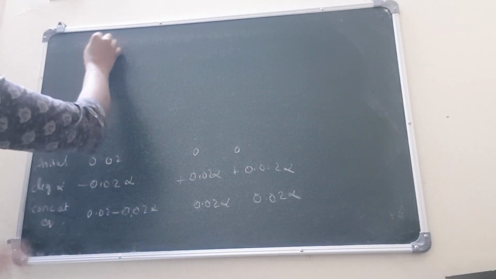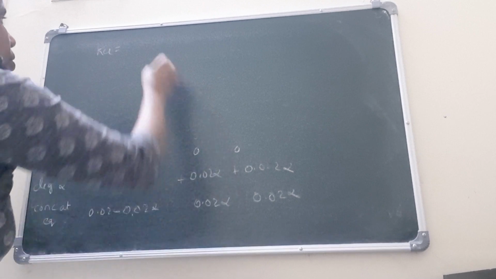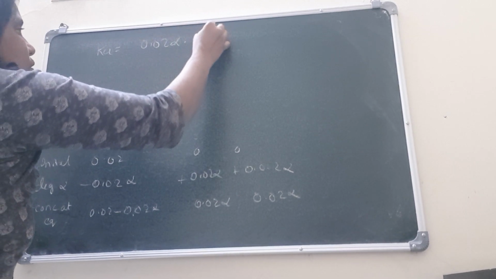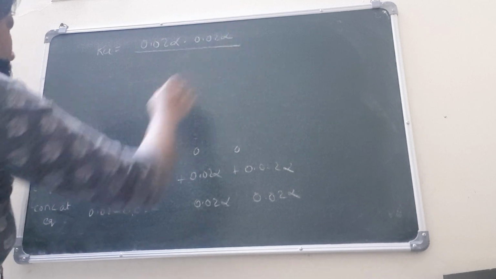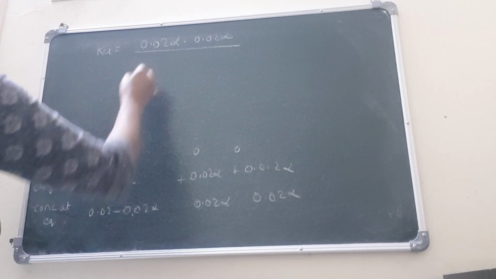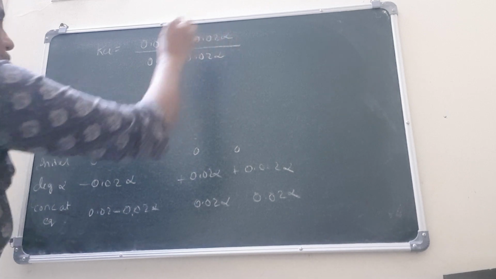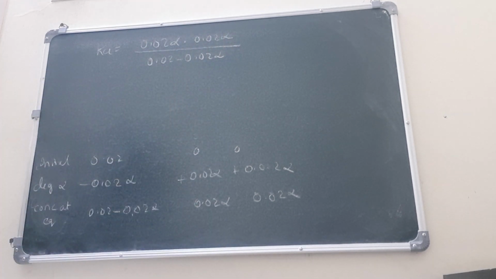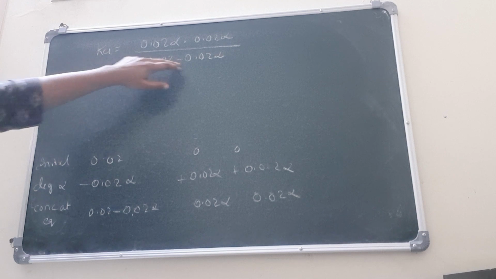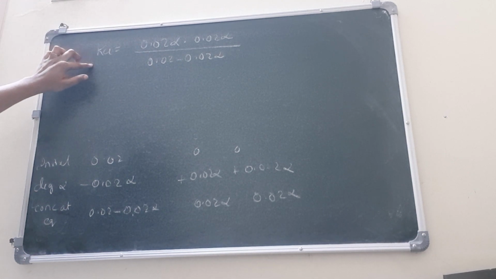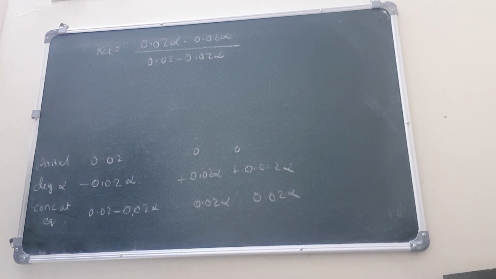Right? So what is my Ka? Concentration of the product, which is 0.02 alpha into 0.02 alpha, divided by concentration of the reactant, which is 0.02 minus 0.02 alpha. Now, if you take something common, one of them will get cancelled out. And I know my Ka, so I can easily find out alpha here.